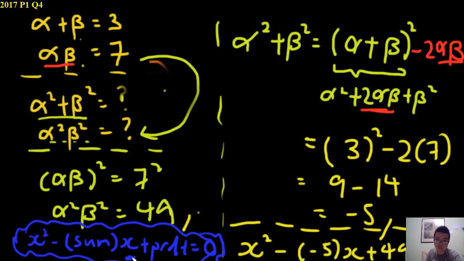Just remember this x, sometimes you forget about it, equals to 0. So in one very final step itself: x squared plus 5x plus 49 is equal to 0. And that's all for your answer for question 4.